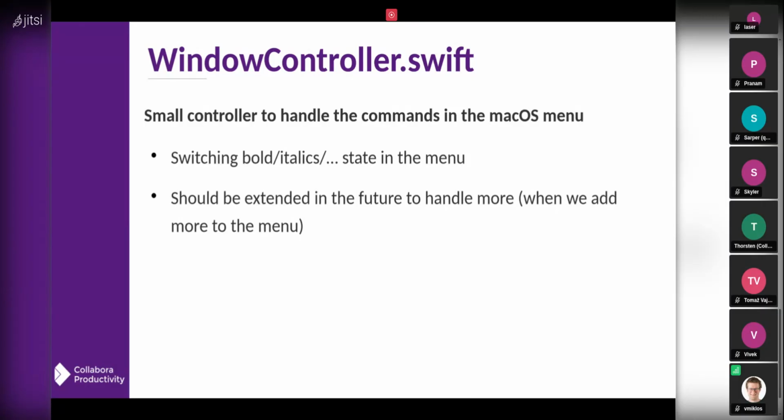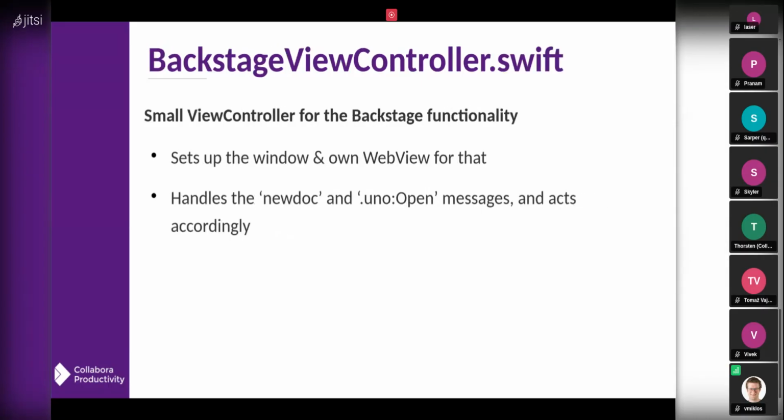I think it still needs some work, because there are more things that could appear in the macOS menu for us, and in that case we would need some additions to this so that it does the right thing and shows the state for them and handles the functionality as well.